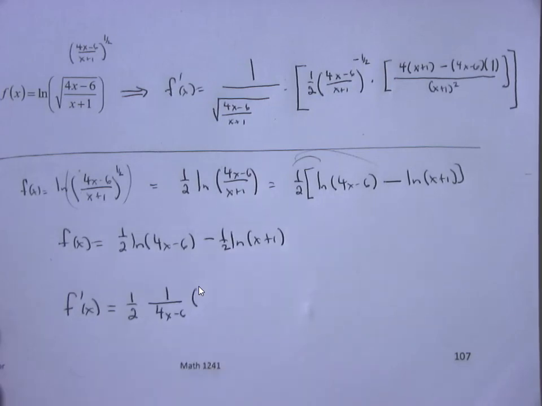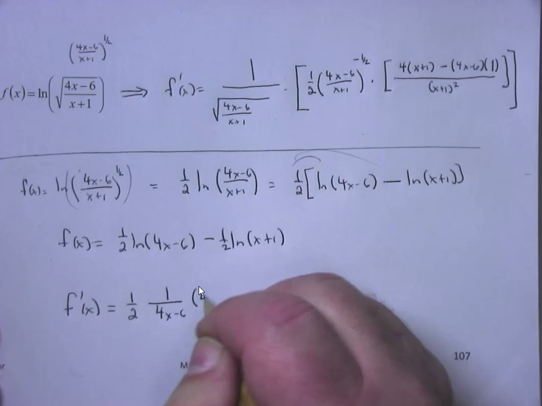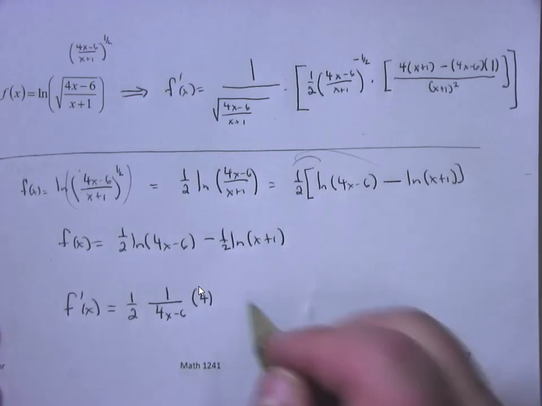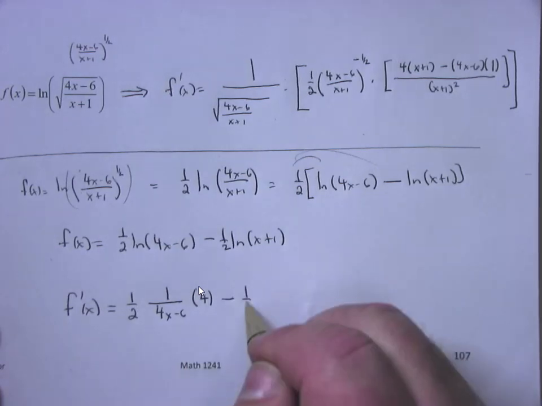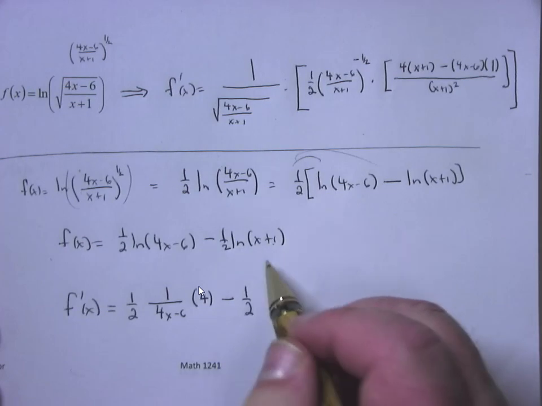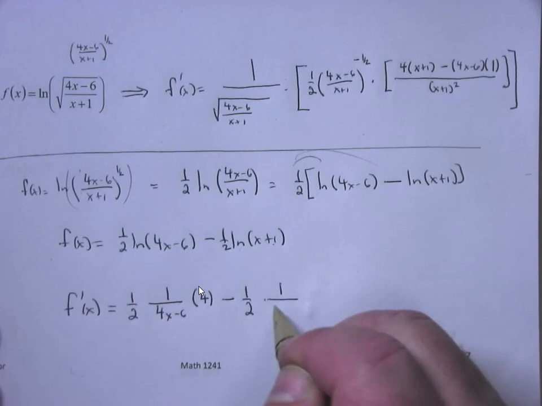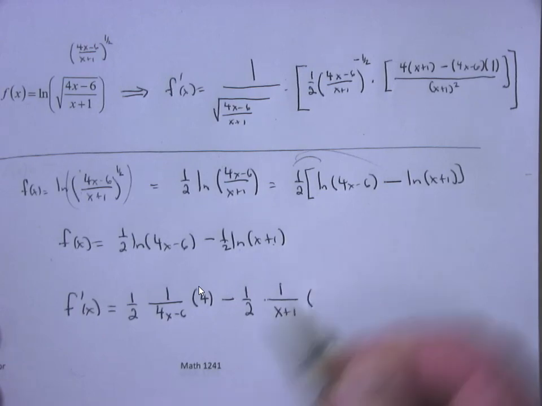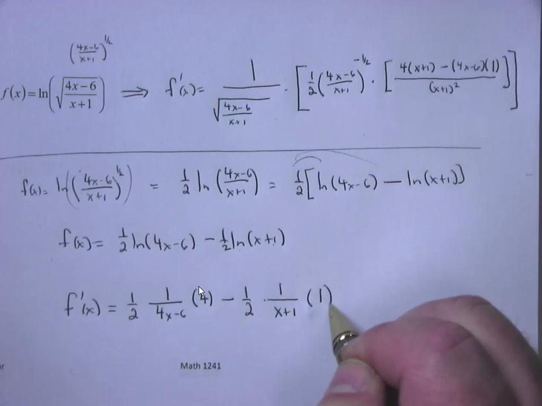What's the derivative of 4x minus 6? Just 4. Minus the constant 1/2 stays there. Once again, we're taking the derivative of the natural log of a function. It's going to be 1 over the function, x plus 1, times the derivative of the function. The derivative of x plus 1 is 1.